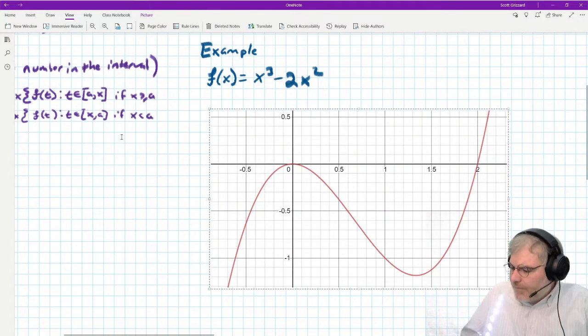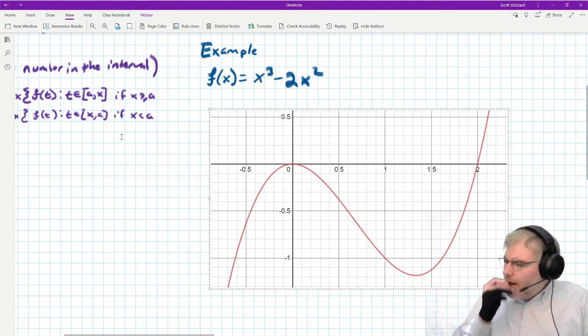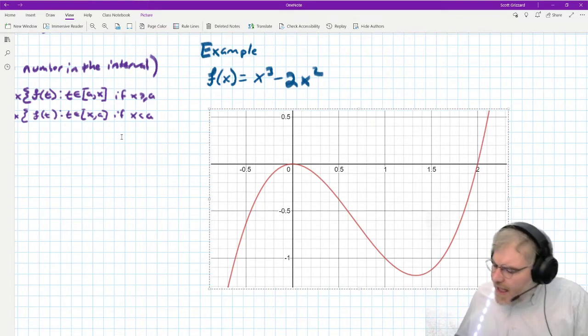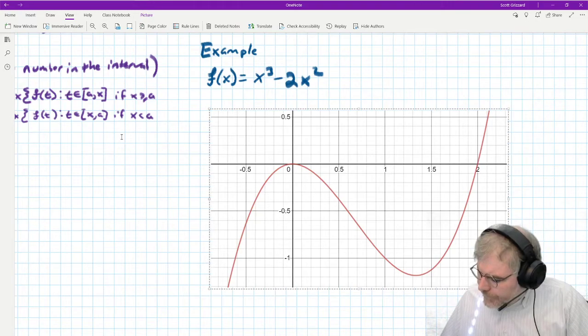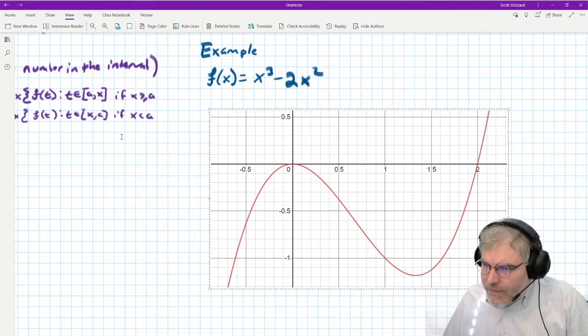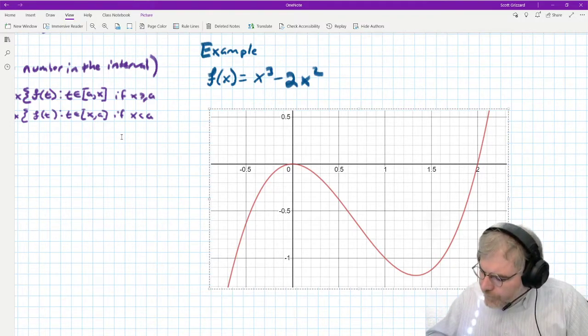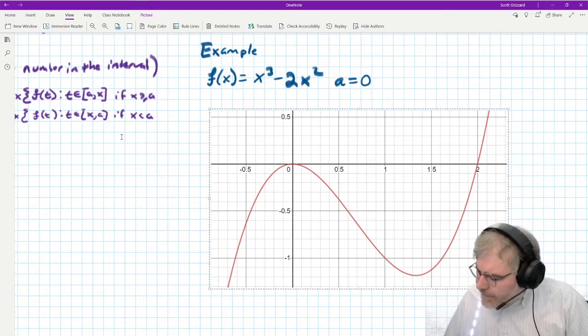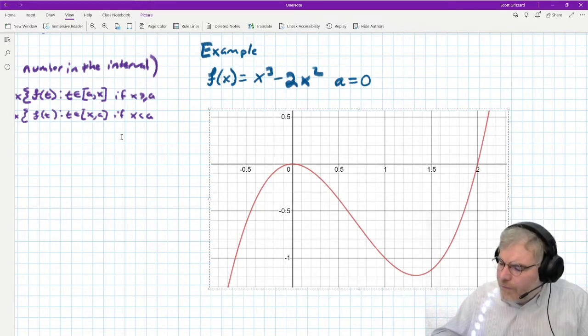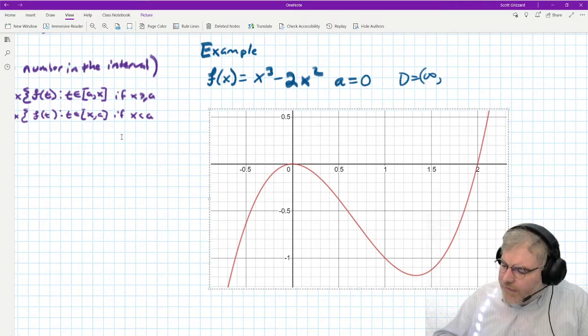All right. Now, in our example here, let's let a equal 0. So a is in the domain, and this thing's continuous on negative infinity to positive infinity, so we'll call D equals negative infinity to positive infinity.